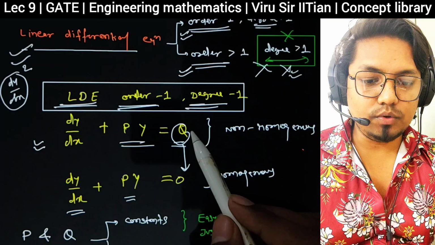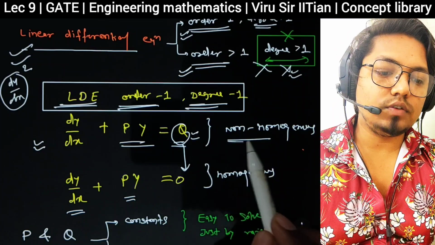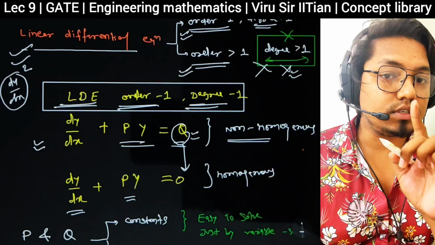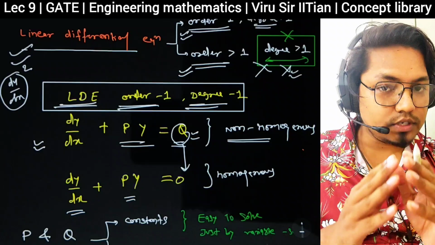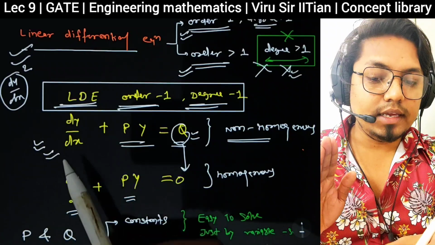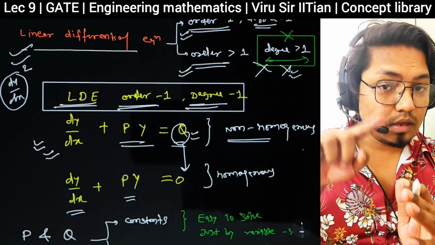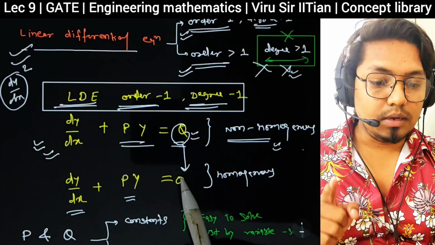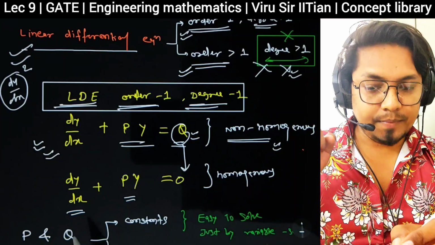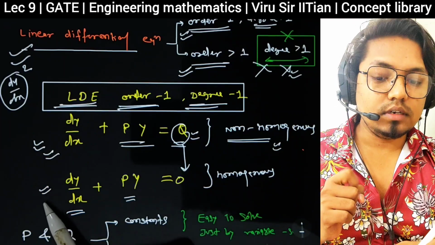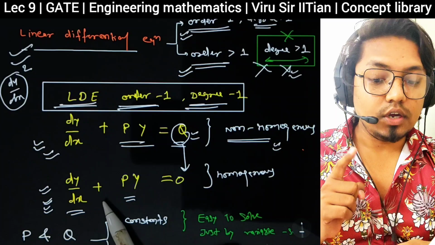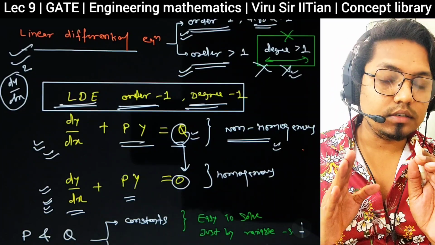I mean, if q is present, then it will be known as non-homogeneous. Now don't be confused. Equation is order 1 degree 1 linear, but it is non-homogeneous. But if your q became 0, then again equation is linear, degree 1, order 1, homogeneous. Clear?